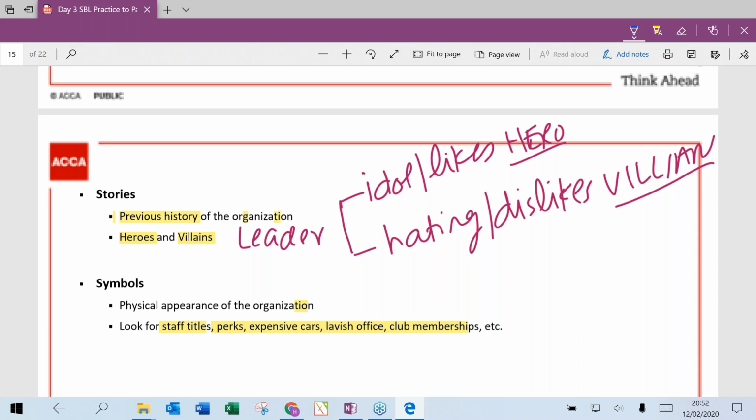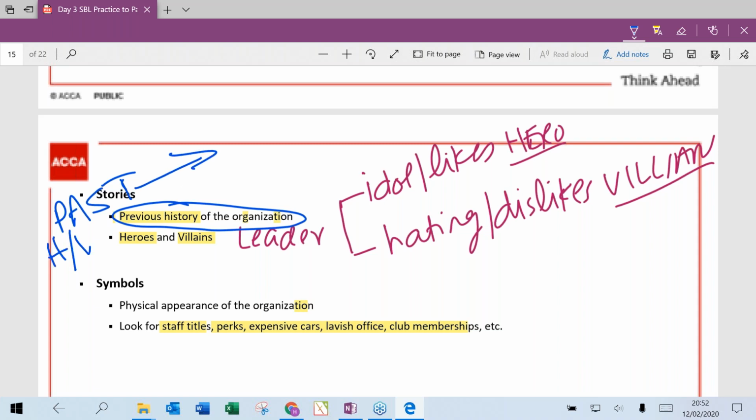Stories, we look at the past trend, what's happening in the past, and now where we are heading. And we look at heroes and villains if the information is provided. In symbols we look at titles and perks and expensive cars, lavish office, all those things which show power.